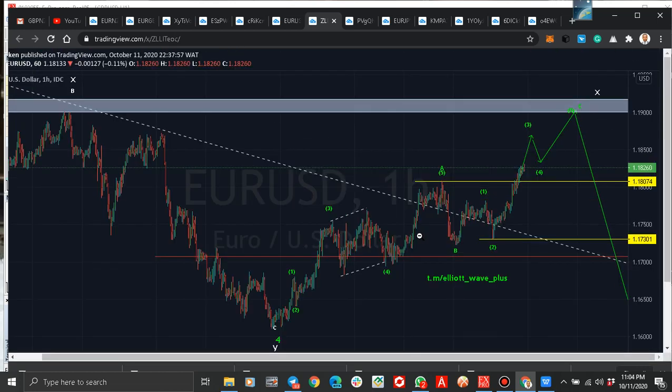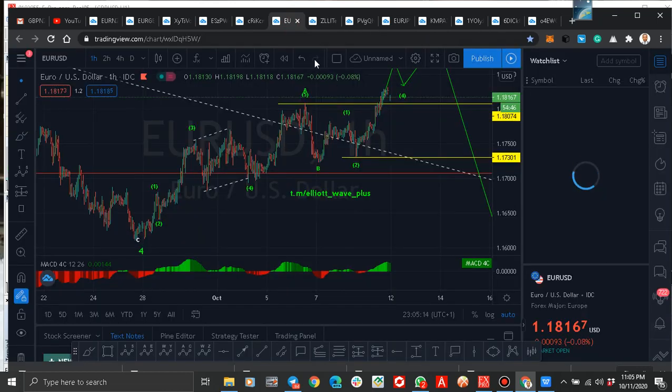You can see this very line has been broken, and here we may have what happened here: 1 2 3 4 5. We may have another 1 2 3 4 5, and we might have a sell signal from this very area. So let us keep watching. Watch how the market reacts here, whether it will break it and continue going up, or it will begin to sell from here. So that's for the 1 hour time frame.